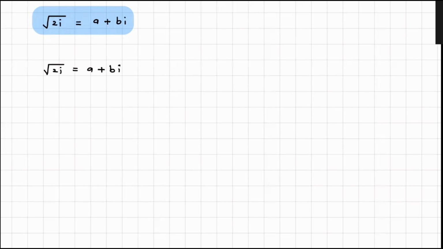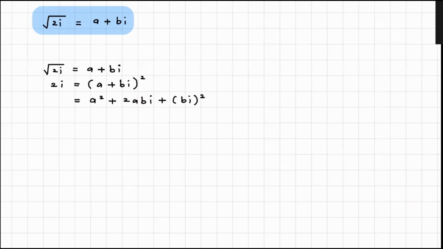When we remove the square root, it's going to be squared: a plus bi squared. So we're going to square the whole thing now. I'm going to square: a squared plus 2abi plus b squared i squared.